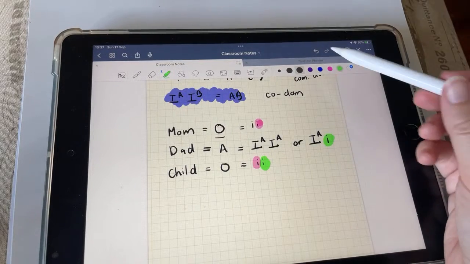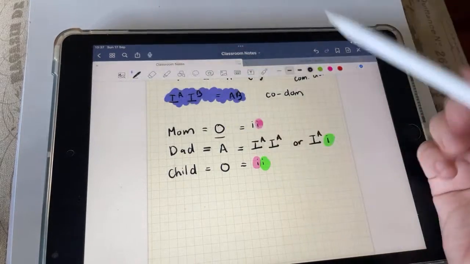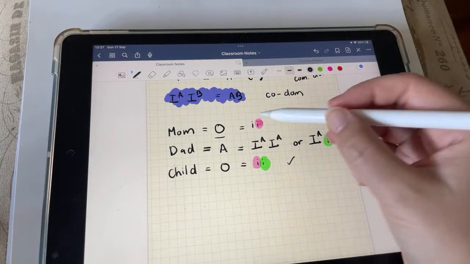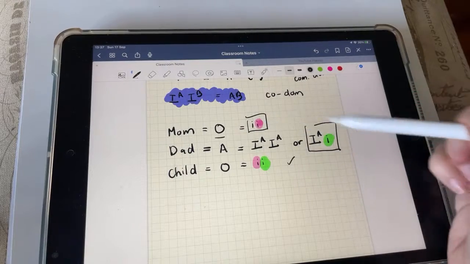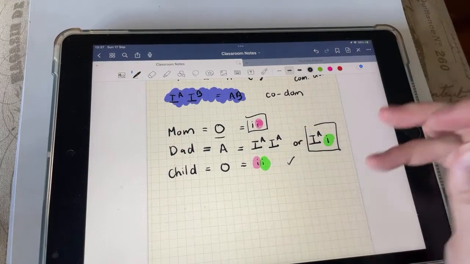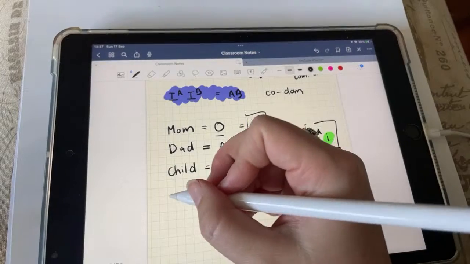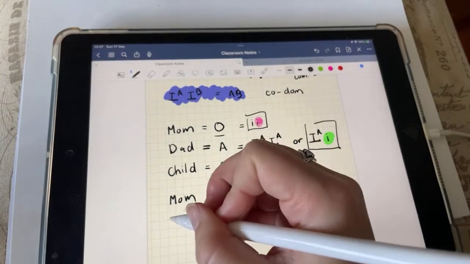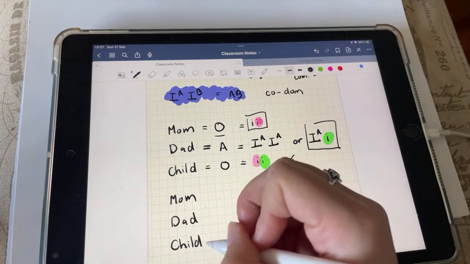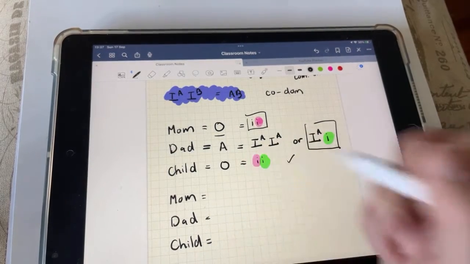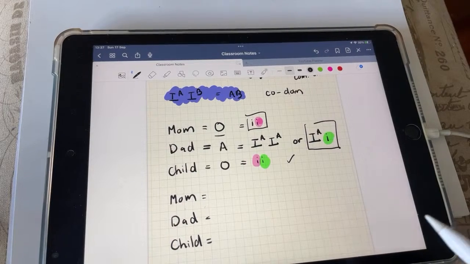So yes, this is their child because this is mom, this is dad. I've highlighted what they gave their child. But let me show you the example I wanted to say now where you look at mom and dad and you think, oh, automatically it must be their child, but that's not for certain.